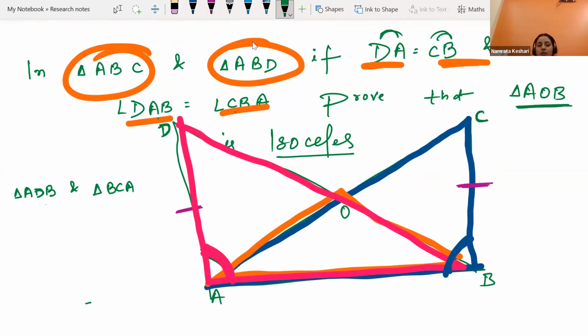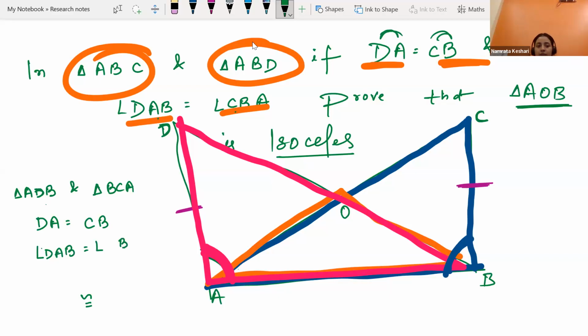When using the congruency sign, we have to be careful with the name. So DA over here, DA is in which side? Let me check the pink color. Yes, DA over here is equal to CB over there. And what else? Angle A over here is given, equal to angle B over there.